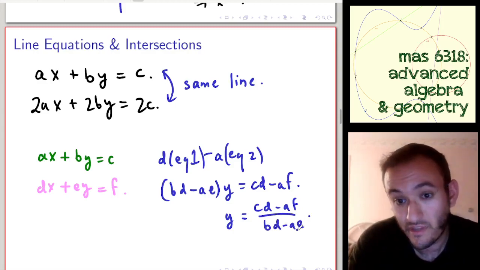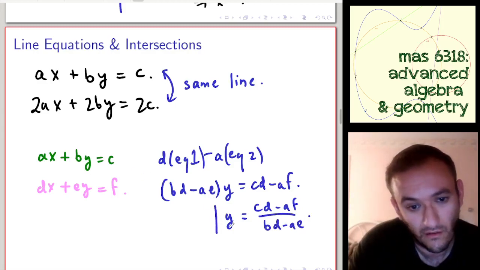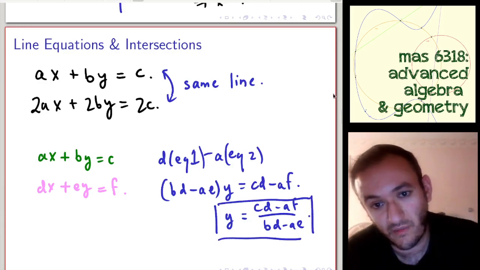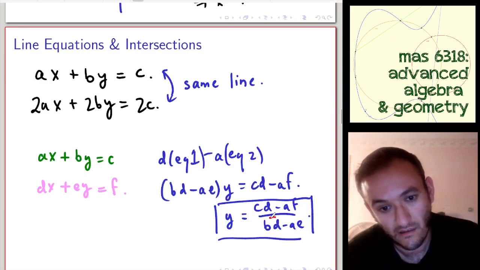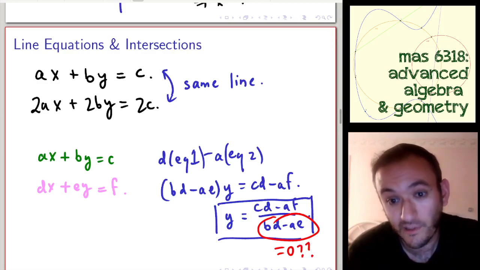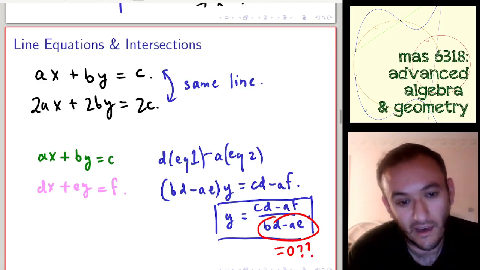So now we have our value for y. And if you were going to stop me and say, what if bd minus ae is 0? You would be completely in the right to do that, but we're going to set aside that case for now.